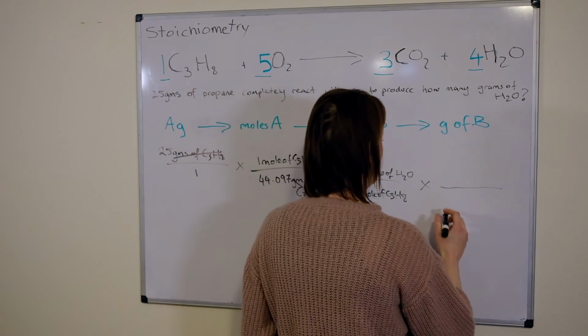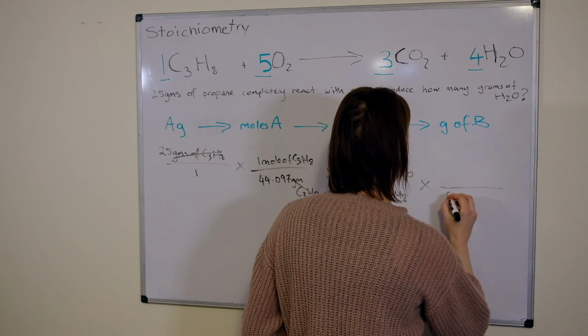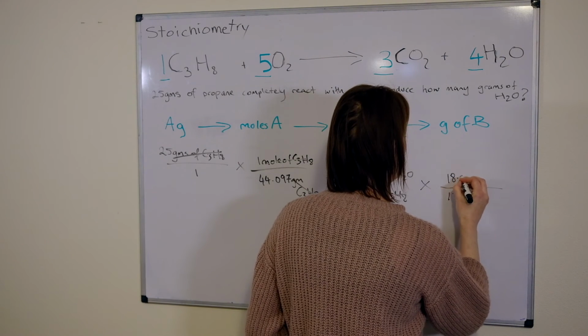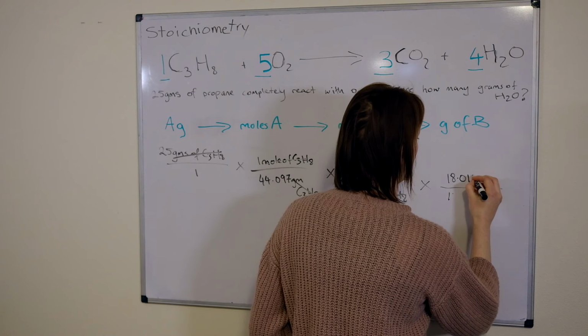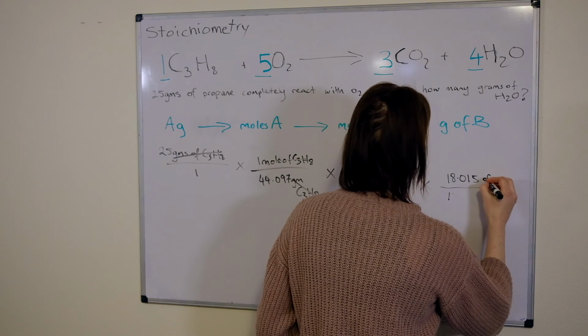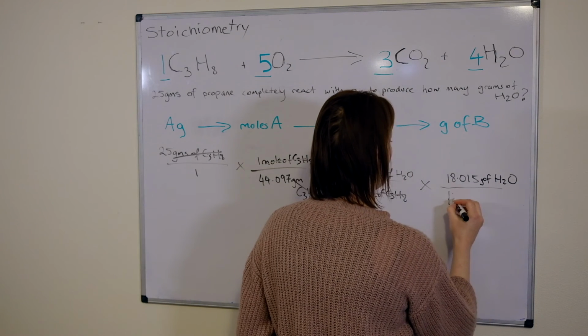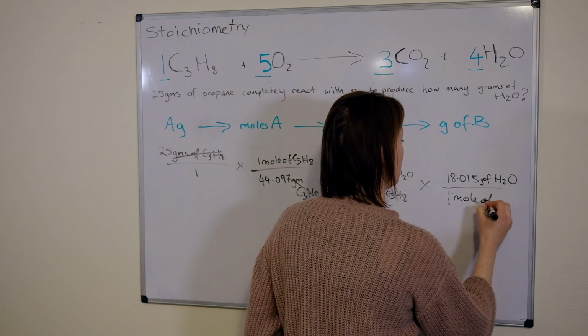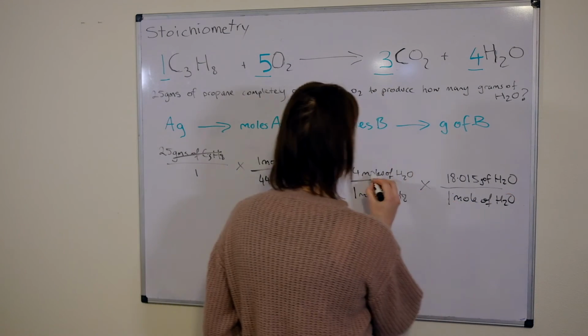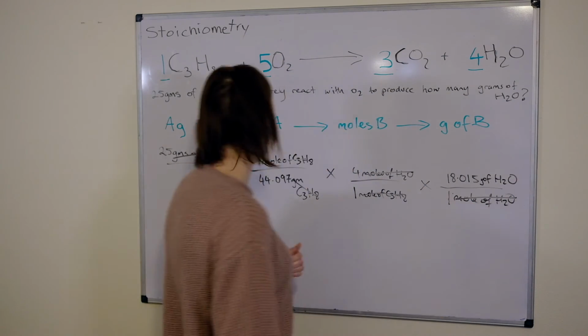Okay, so what am I doing? 18.015 grams of H2O per 1 mole of H2O. Moles of H2O, moles of H2O.